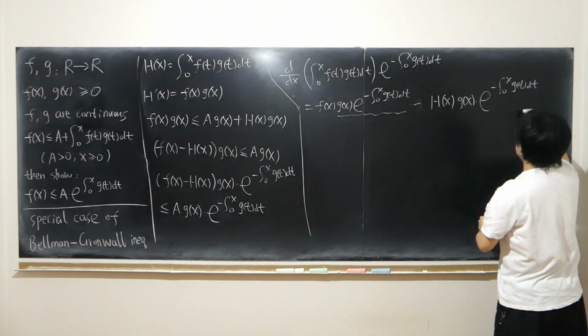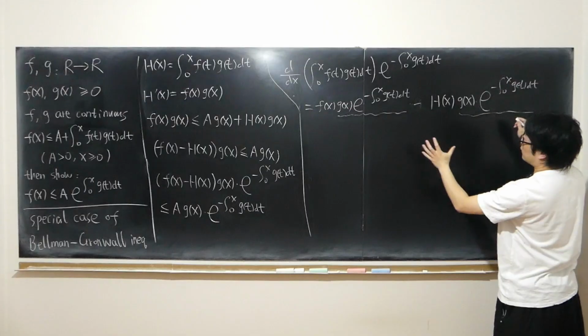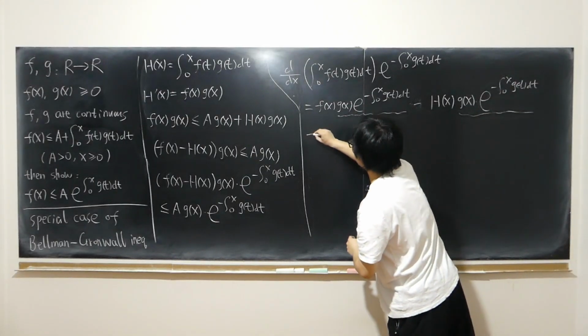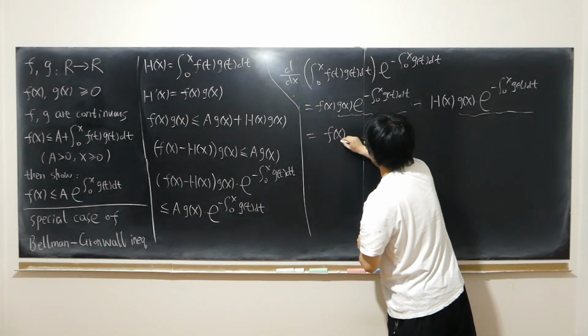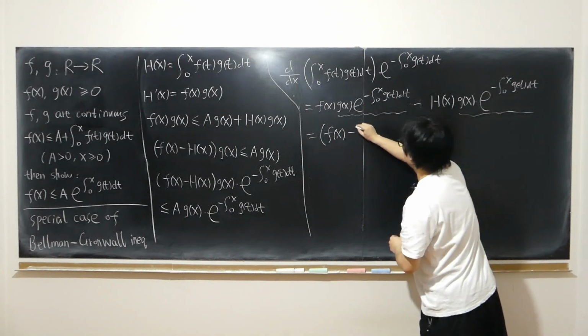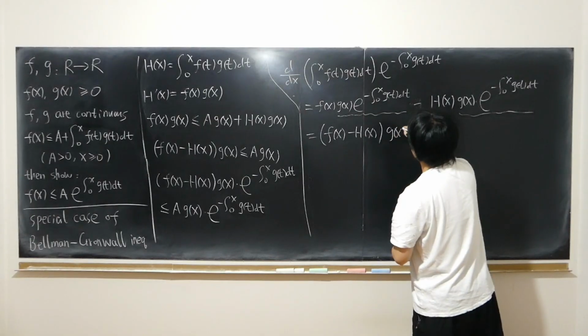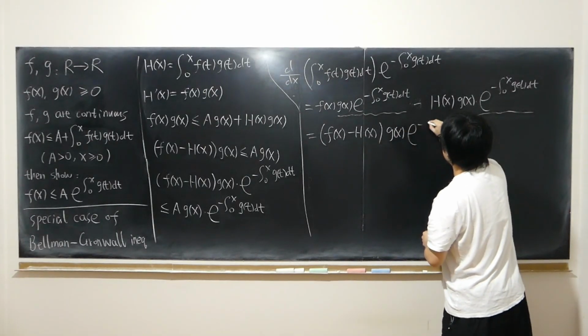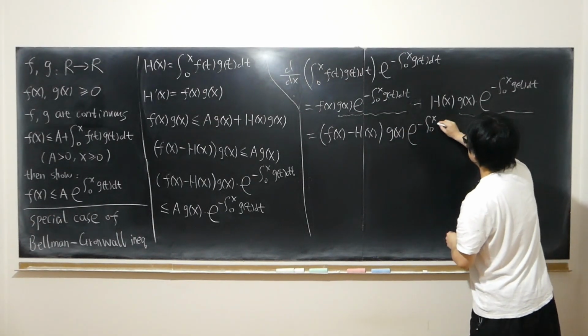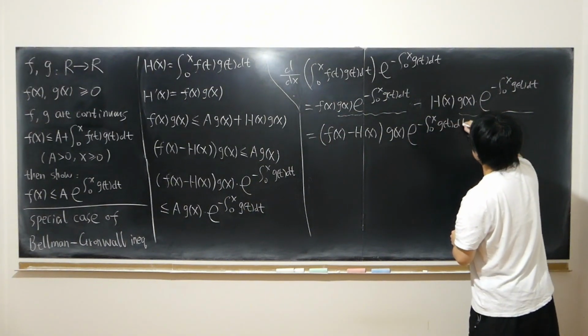You take it out: f of x minus h of x, times g of x, times e to the negative integral from 0 to x, g of t dt.